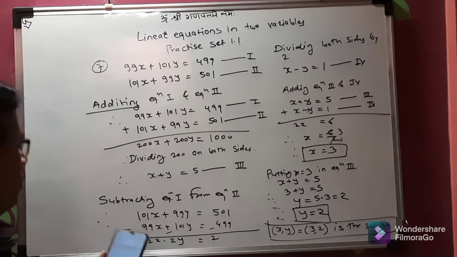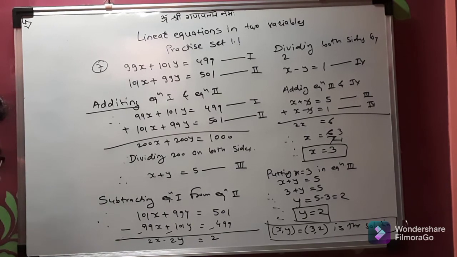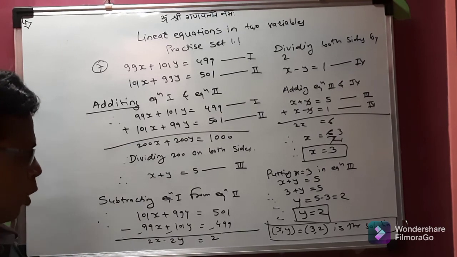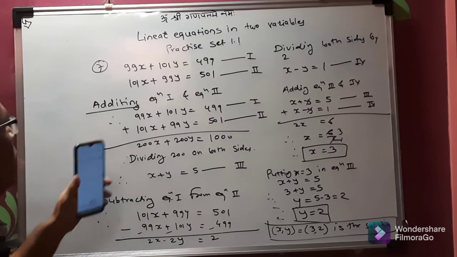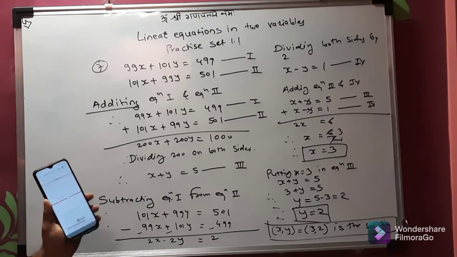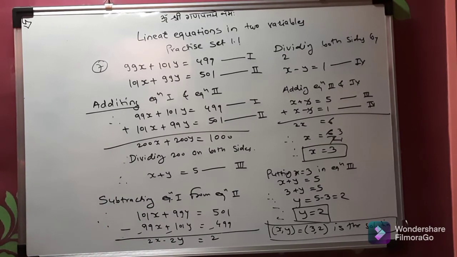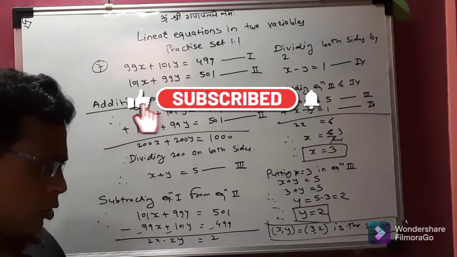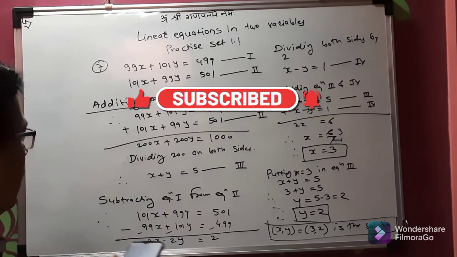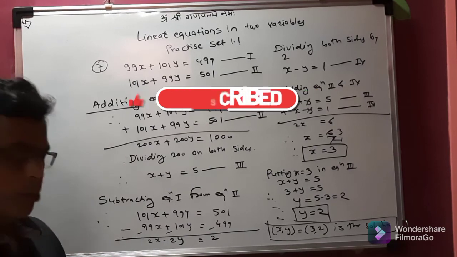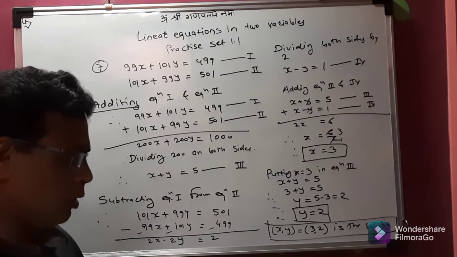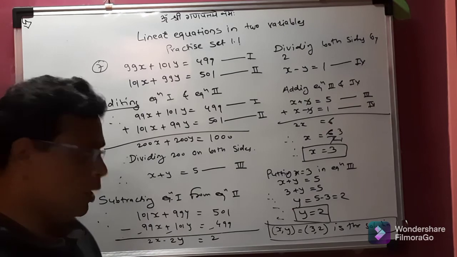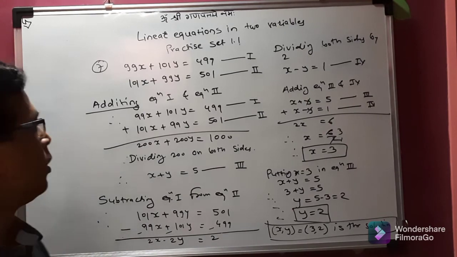Now we have solved problem number 2, and in practice set 1.1 we have solved problem number 1 also. Now all other problems are similar to what we have solved. So you will solve all the remaining problems by a similar method. If you have any problem, then please give your suggestion or query in my comment box.